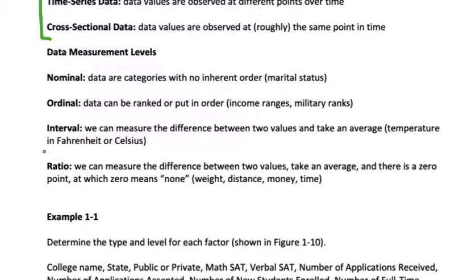So 0 doesn't mean none for temperature, which is why it's considered to be interval and not ratio. Things like weight, distance, money, and time, the value of 0 means none. 0 means no distance, $0 means no money, 0 seconds means no time. And so those are considered to be ratio. And like I said, most numerical data types will fall into the ratio category.